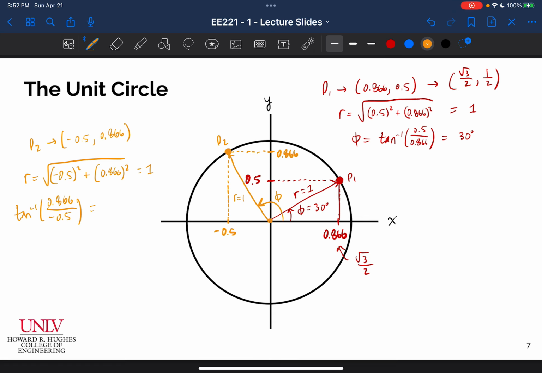I get negative 60 degrees. What did I do wrong here? Tan inverse of 0.866 divided by negative 0.5. Negative 60 degrees.